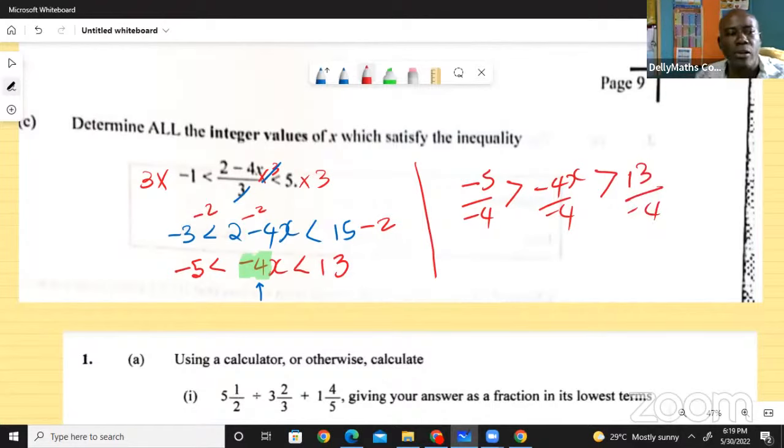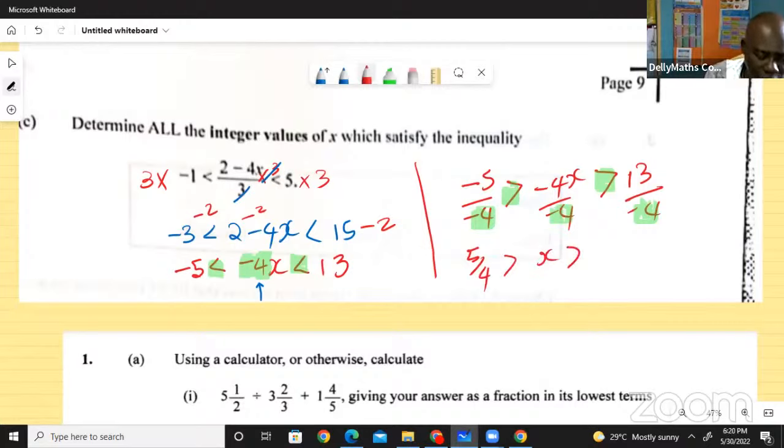So let us stop and look at that. The signs that we had, looking this way, because we divided by -4, make sure that you flip those signs. So we flip them around. Now let's rewrite our final thing. This is 5/4 greater than x, greater than -13/4.